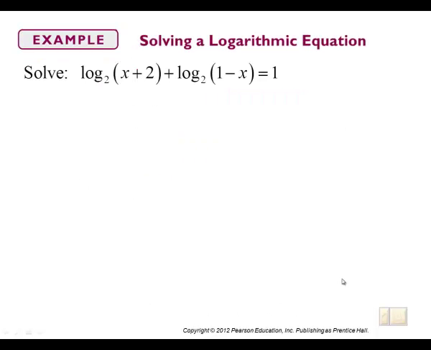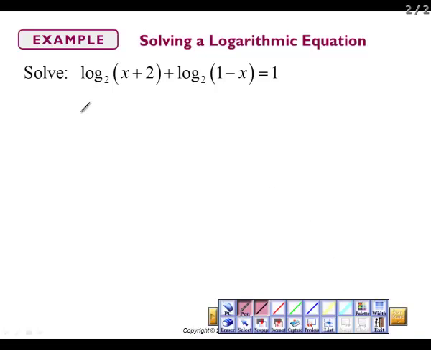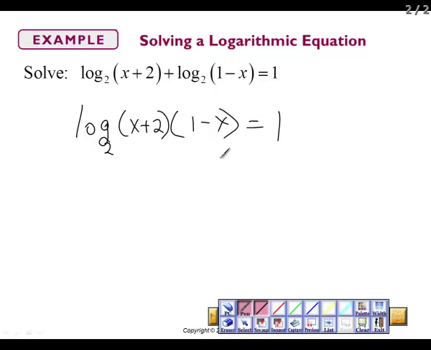Alright, so here we have log x plus 2 base 2 plus log x minus 1 base 2 equals 1. So in this case, we're going to condense these. And so this becomes log x plus 2 and then 1 minus x, base 2 equals 1.